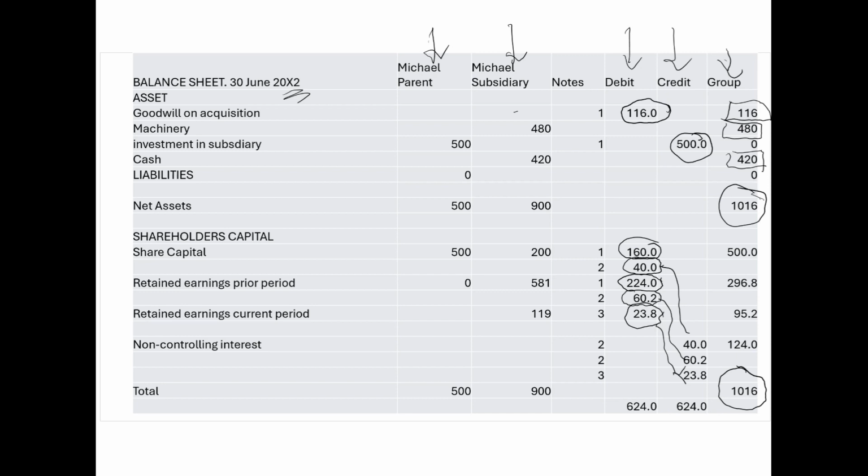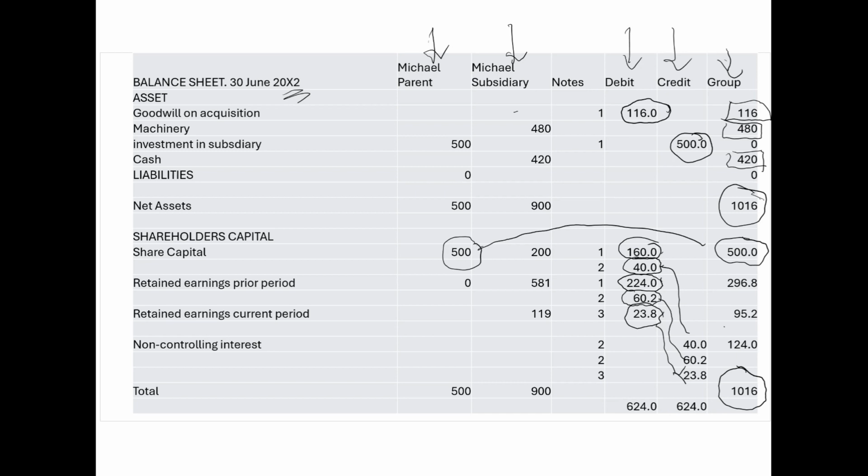That's represented by share capital of 500 million. So the parent, Michael parent share capital is 500 million here. The other share capital, the remaining of the subsidiary share capital, there was 20% remaining. We pass it on to non-controlling interests here because the entire 200 was not eliminated, only 160 was eliminated.